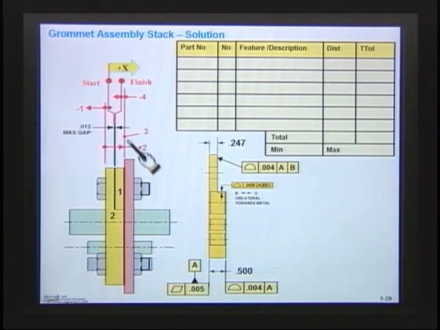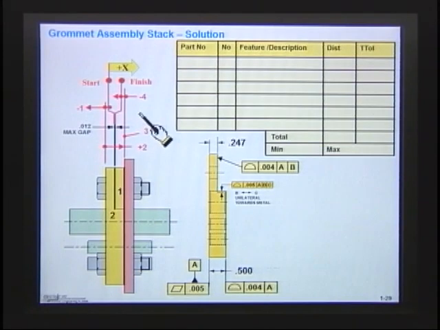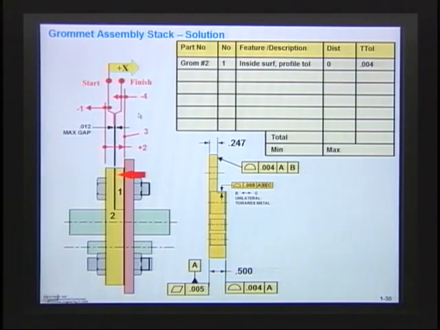Now, once we have our stack circuit laid out, the stack path, the next thing we're going to do is transfer the data. Now, remember how this geometric tolerancing works. It's different than plus or minus. So if you haven't had that stacks program, let me just quickly review how this is going to work.